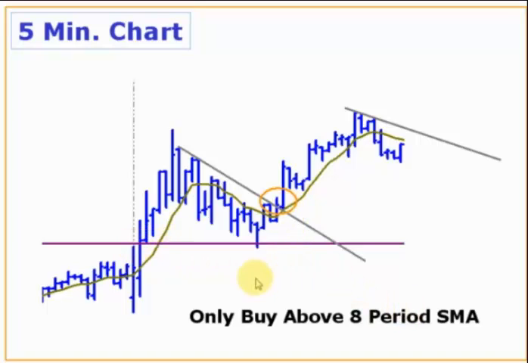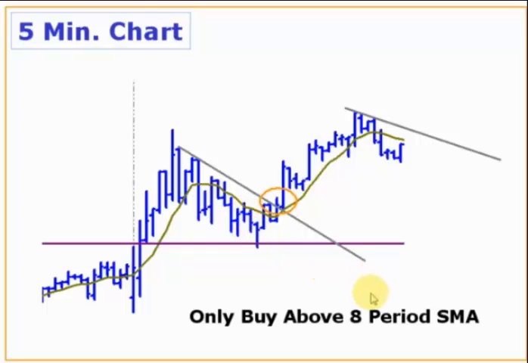When we meet the other criteria, let's say we're above our trigger line, or above our previous day's closing 30-minute range, we want to buy on breakouts above an overhead resistance line, and we also want to always buy above the 8-period. If you follow those two rules, it'll keep you from buying when you don't want to be buying.